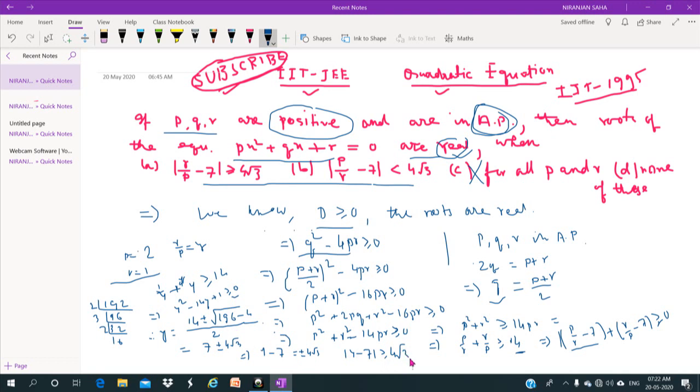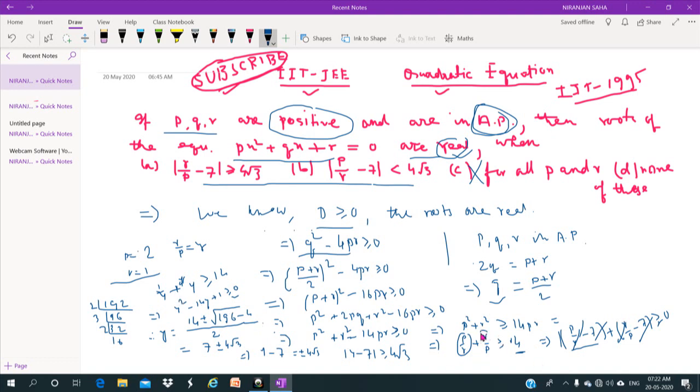This is not necessary to write down, I'm cutting through these lines. Actually, you can put p by r also as y, but you will not find the solution.